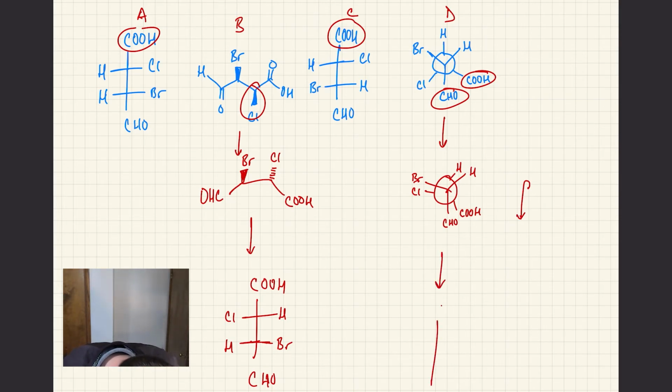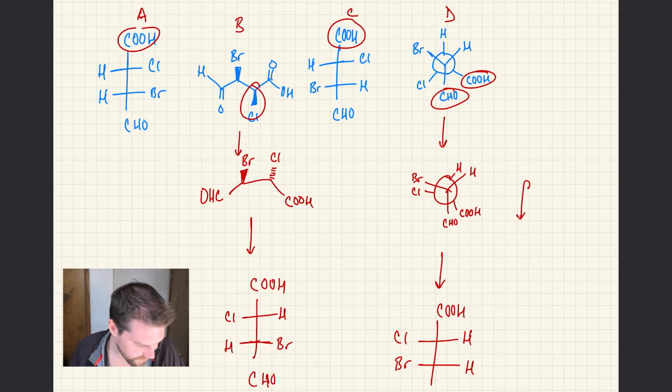So this is going to look like this. And in this case, the bromine is on the bottom one, and the chlorine, they're on the same side. All right, so there are our Fisher projections for these compounds.